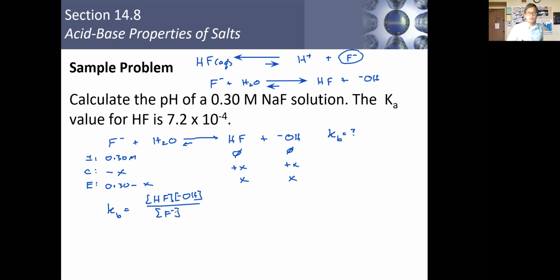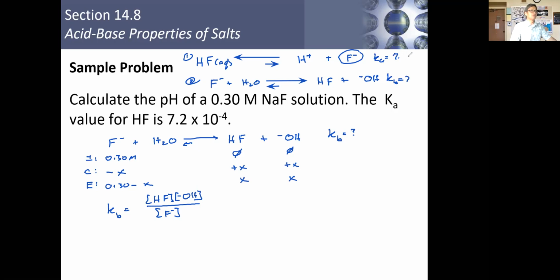So at this point, what do we need? We need Kb. How do we obtain Kb? Well, we are given Ka for this first process here, 7.2 times 10 to the minus 4. In order to find Kb, which is what we need, we use this Ka.